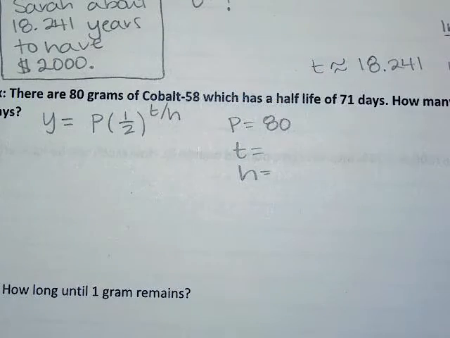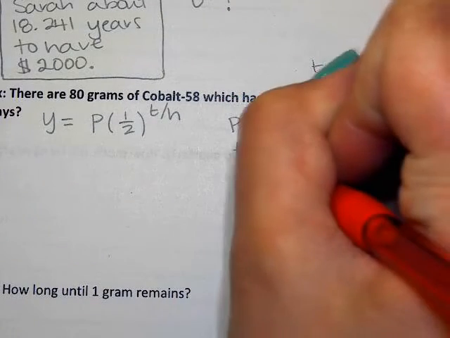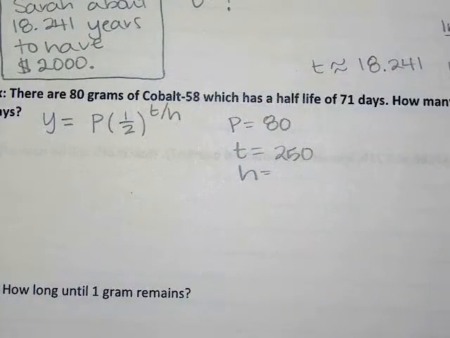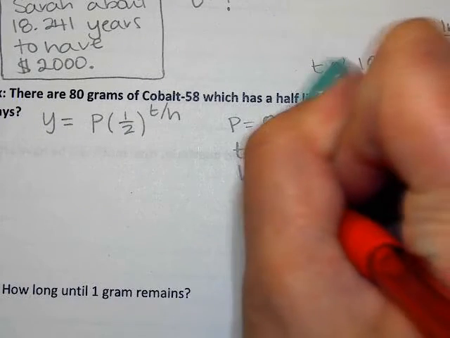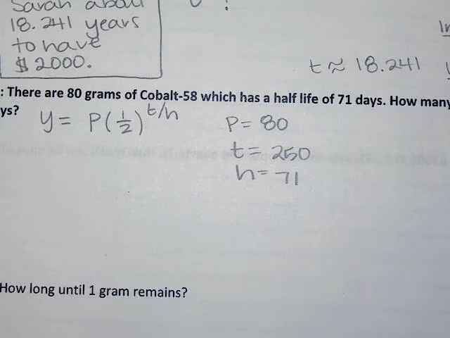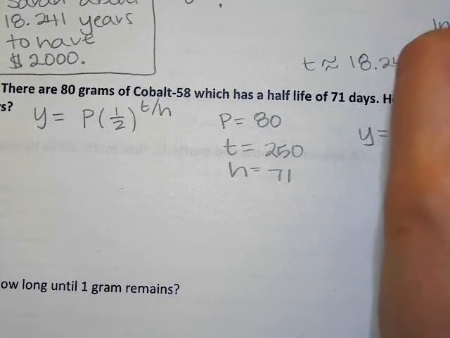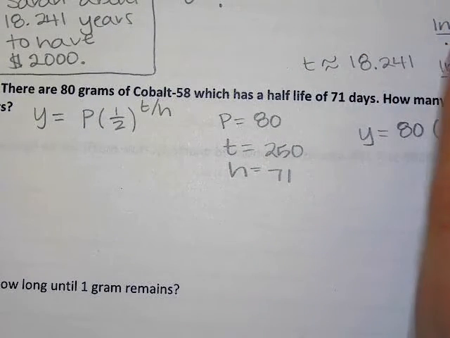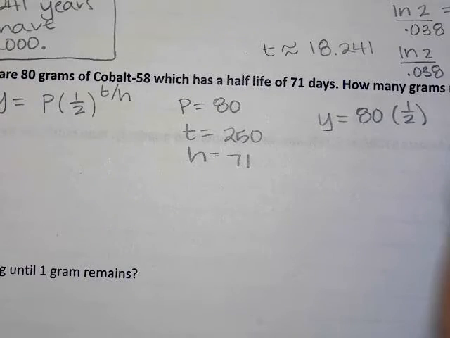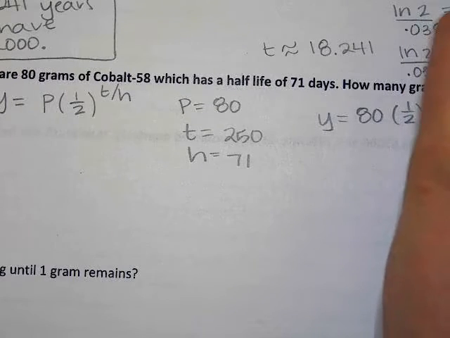T is 250, it's how much time you have, and then what's the H? 71 is how long a half-life is. Okay. So now we can go ahead and plug those numbers in. Y equals 80 times 1/2 to the 250 divided by 71.